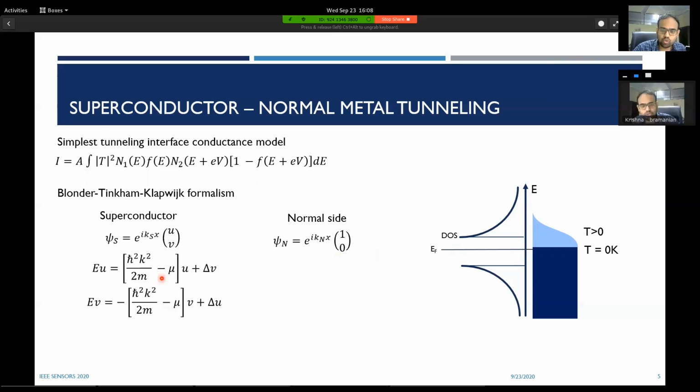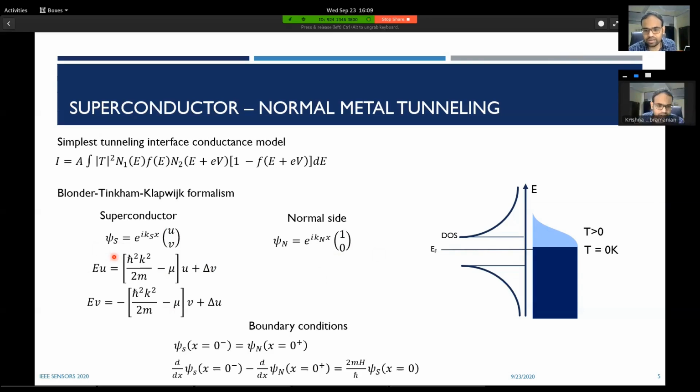So you have a U and a V component of the wave function in the superconductor, and you can solve this problem with a very simple boundary condition of continuity of the wave function at the interface, and the derivative difference should be equal to the impedance parameter H. We go through all these things because it is this H which determines the tunneling probability between the normal metal and the superconductor, which we will soon show can be tuned to change the sensitivity of the sensor under discussion.